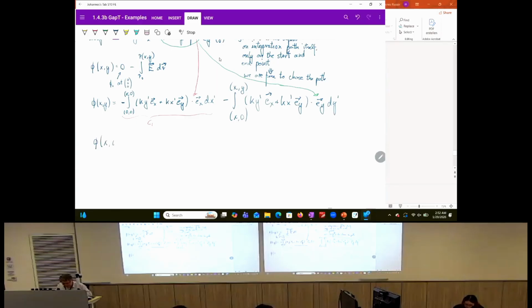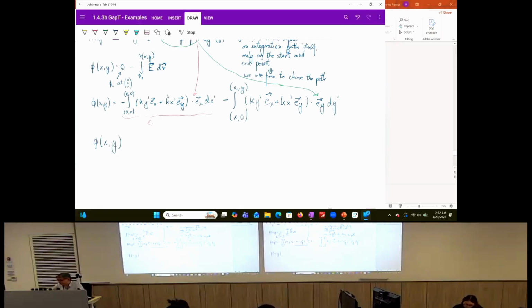So the phi of x and y, now when we integrate, we see here the line element in the first contribution to the integral, basically the contribution due to the path C1. You see that the line element is oriented along x direction. We have here only components of the field which are aligned with Ex contributing to this integral.